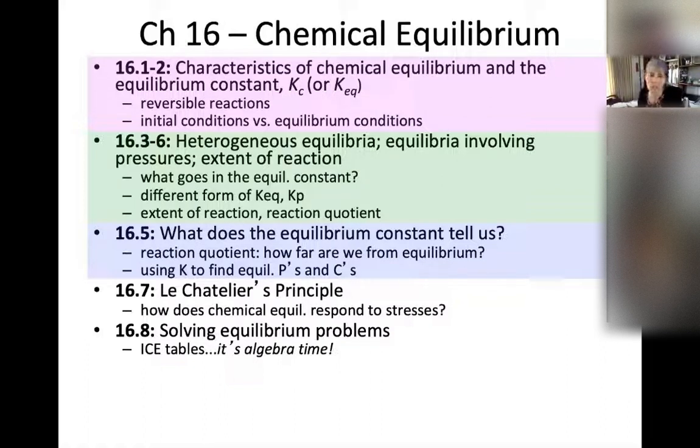And then we'll take a look at how we can tell how far a reaction is from equilibrium with the Q, essentially. We will convert between concentrations and pressures. And then Le Chatelier's principle is about making a disruption to equilibrium and how equilibrium reestablishes itself.